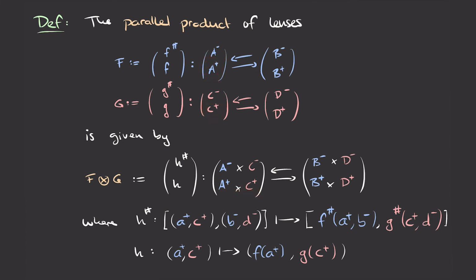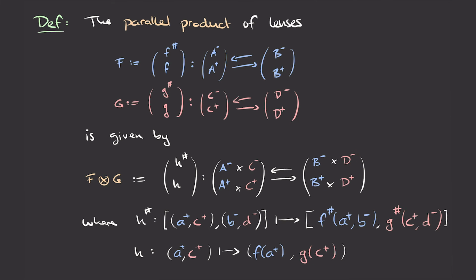So again, if you think about these things in terms of columns, we're just taking the domain of F and taking the Cartesian product with the domain of G. And exactly the same thing is happening in the codomains. Here we have B minus, B plus as in F, and we're taking the Cartesian product with the codomain D minus, D plus of G.